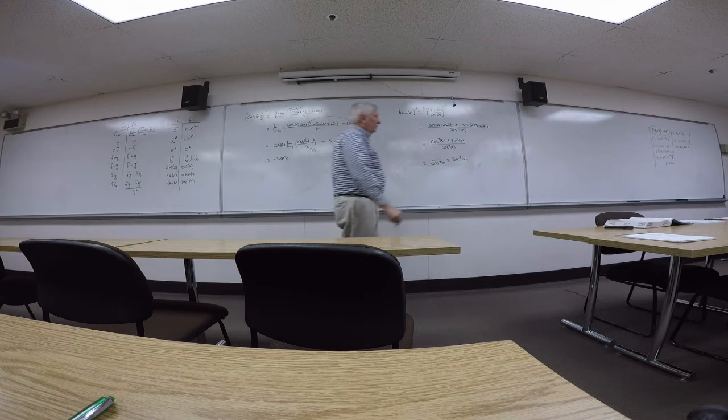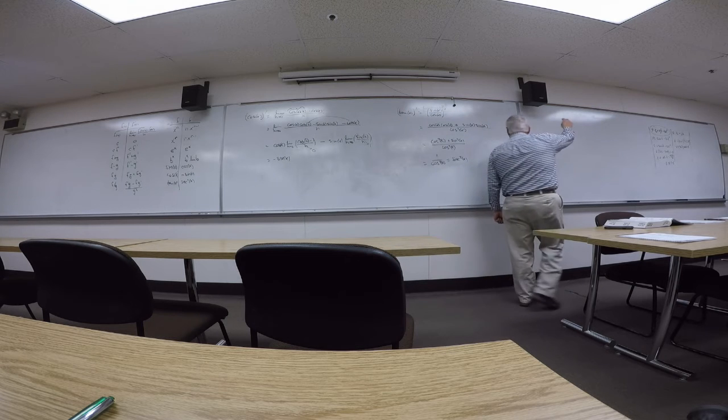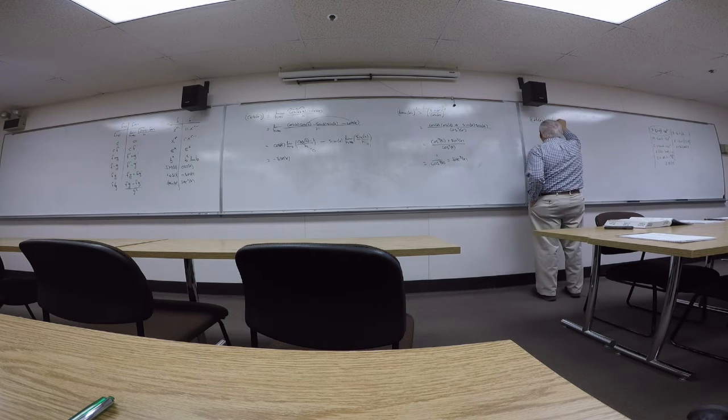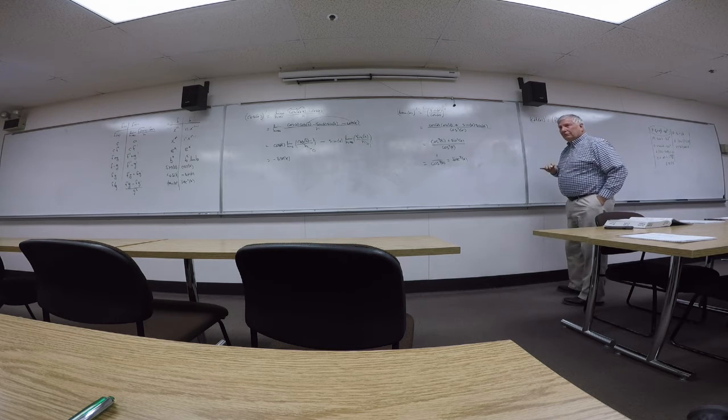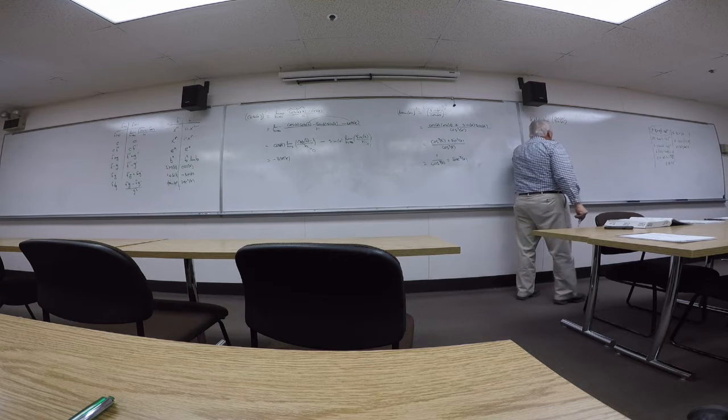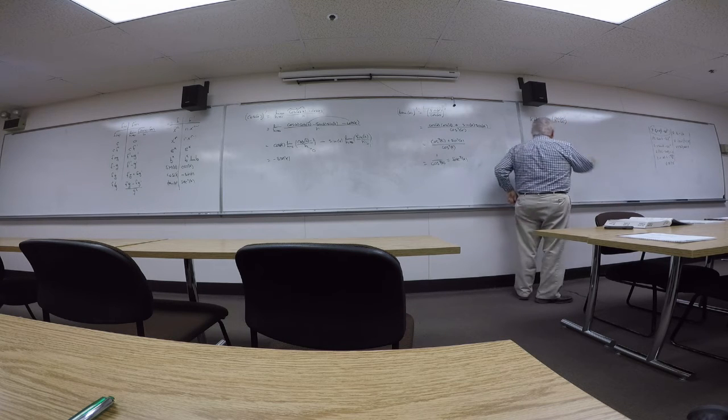And continuing along those lines, let's see. Cotangent of x is cosine x over sine of x. Again, it's a quotient.